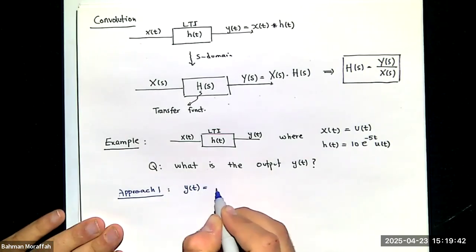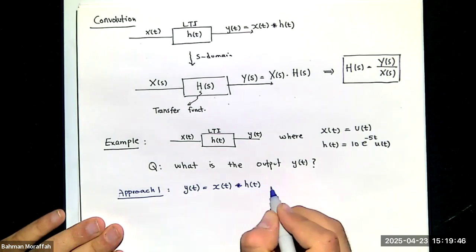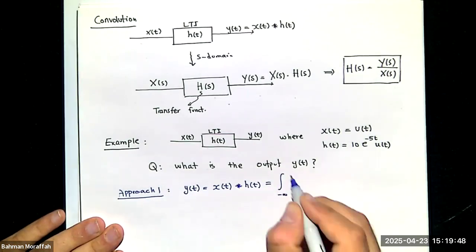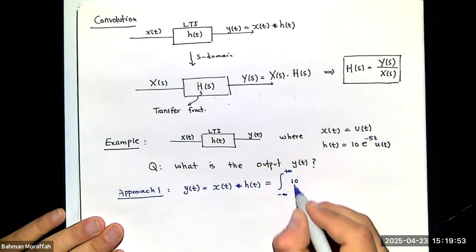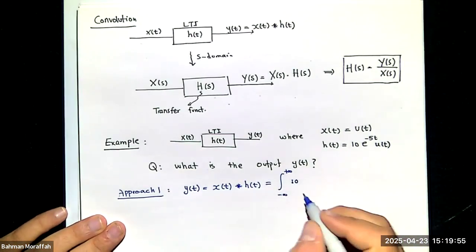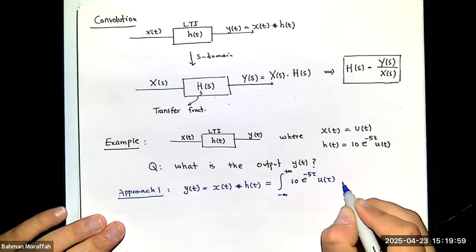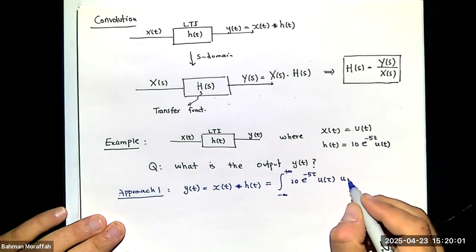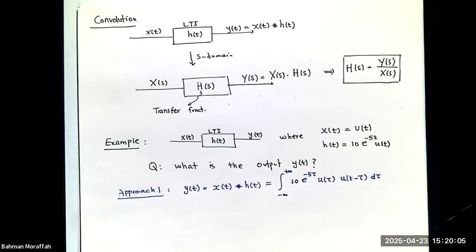We know y of t is x of t convolved with h of t. So I can write it as the integral from negative infinity to infinity of 10 e to the power of minus 5 tau u of tau times x of t minus tau, which is u of t minus tau. Right?